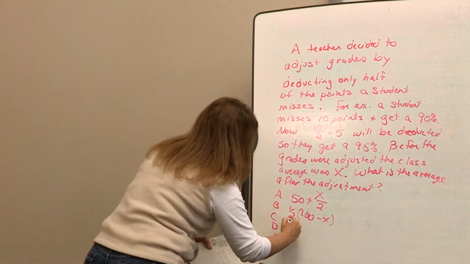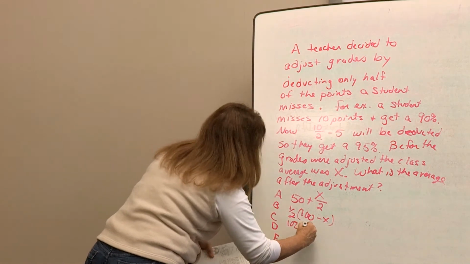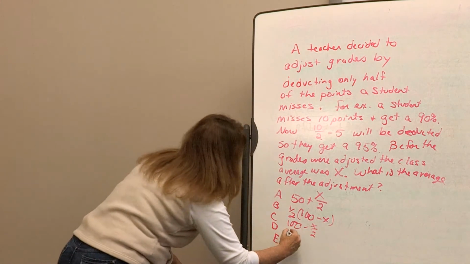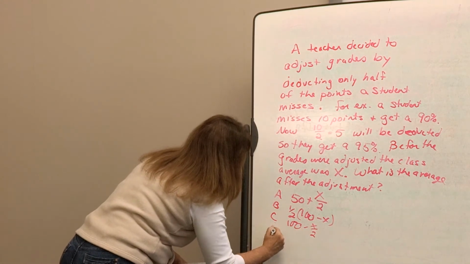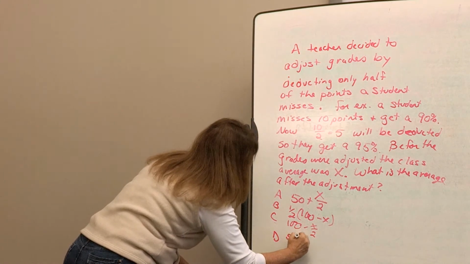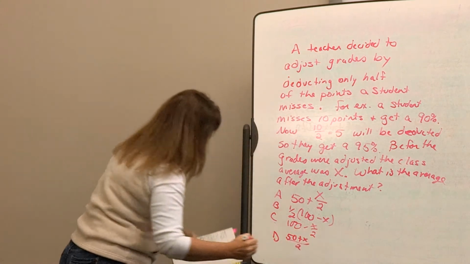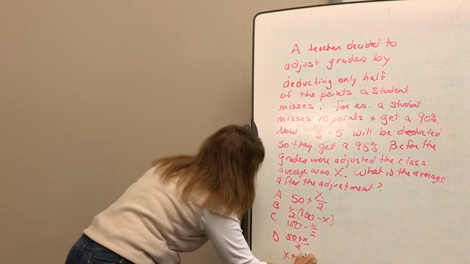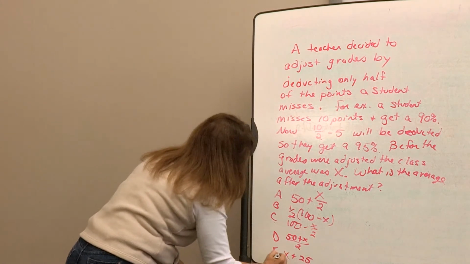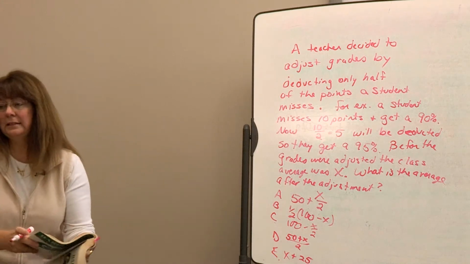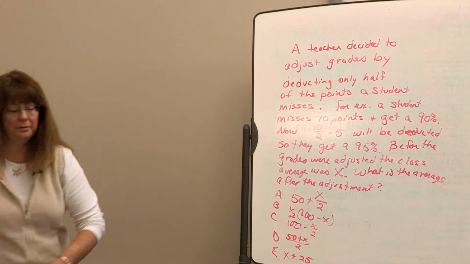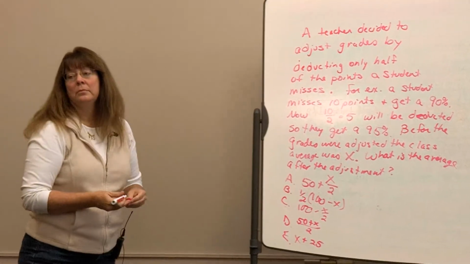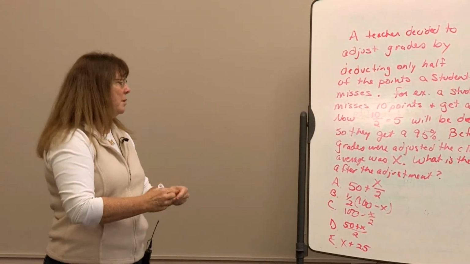You have 100 minus x over 2. 50 plus x divided in half, and x plus 25. Take a minute and see what you think you would come up with. Or if you can eliminate some, and see if you could come up with a guess.